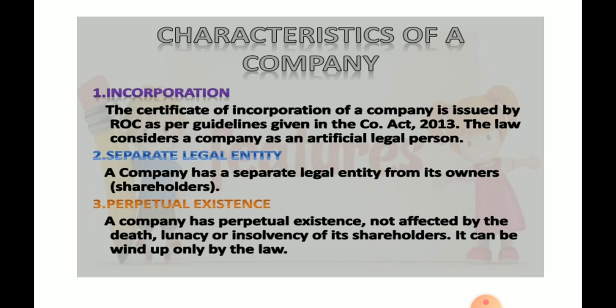Perpetual existence. The existence of the company is not affected by retirement, death, lunacy, and insolvency of the members. So it is not affected by any event which occurs in the company.